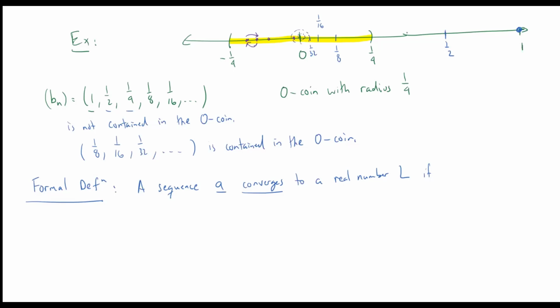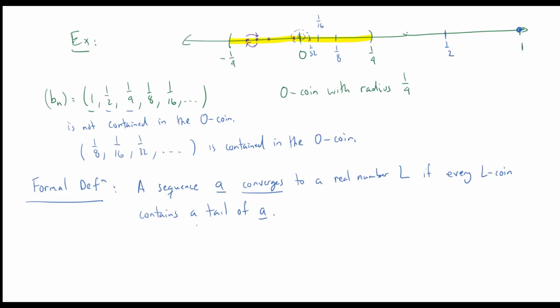So here's our definition. If every L coin, so anybody writes down an L coin, no matter how small it is, if every L coin contains a tail of A bar, that's going to be our formal definition.